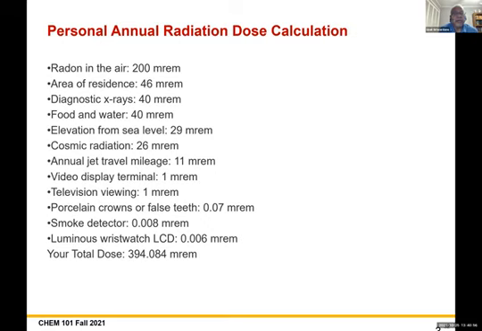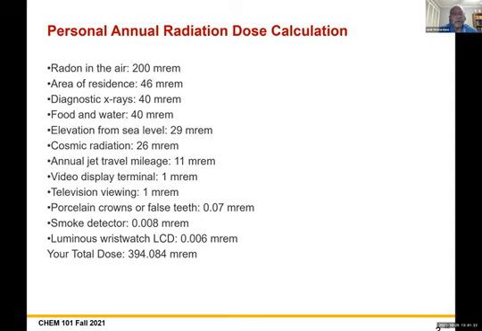Some food and water also have a small amount of radioactive material, that's 40 milligram. Elevation from the sea level, where I live is 29. At high elevations, closer to the sun, you have more radiation exposure. Cosmic radiation depends on the elevation.